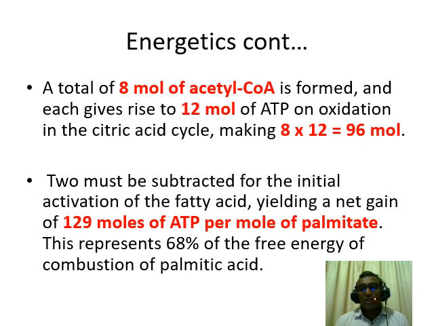Next, we look at the fate of the acetyl coenzyme A. So now that you have 8 moles of acetyl coenzyme A, each undergoing the citric acid cycle will lead to 12 ATPs. Remember, the citric acid cycle will give rise to, for each acetyl coenzyme A, 3 NADH, as well as one FADH2 and also one GTP, which equals ATP.